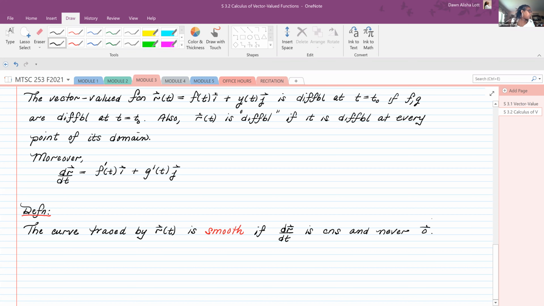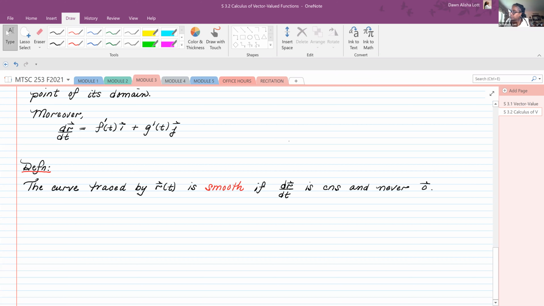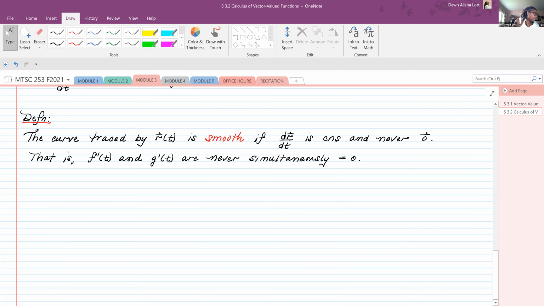So it can never be the zero vector. In other words, f prime of t and g prime of t are never both 0 at the same time.